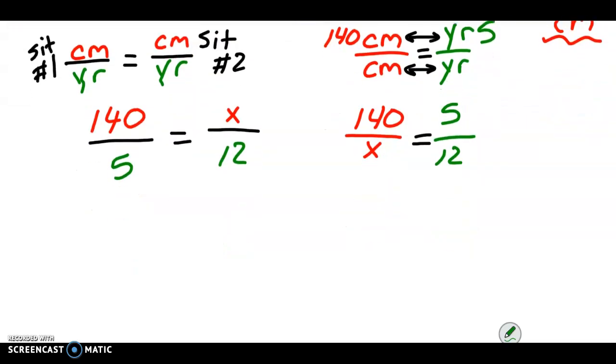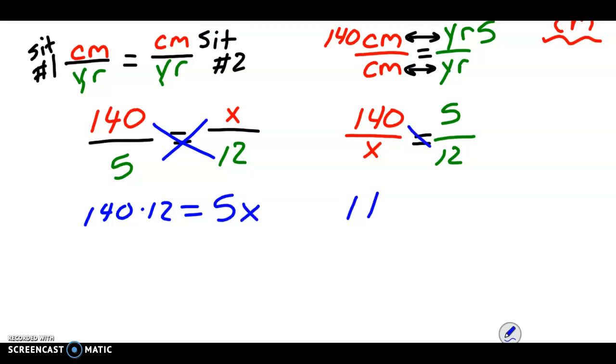Now, when we go ahead and actually look at these two things, when we see the cross multiples, this would be 140 times 12, all equal to 5x. On the other side, 140 times 12 equal to 5x. So the 140 times 12 is 1,680 equal to 5x.